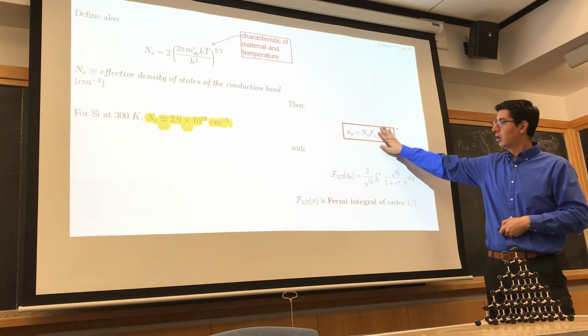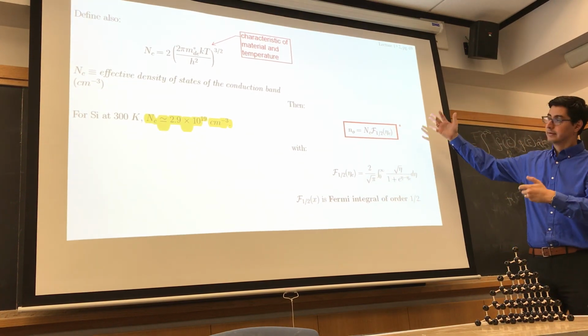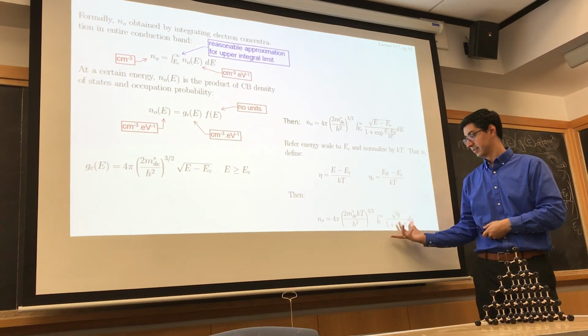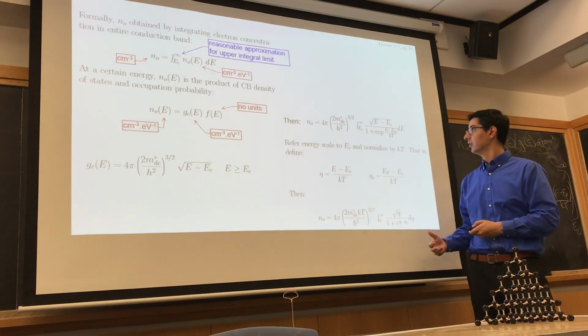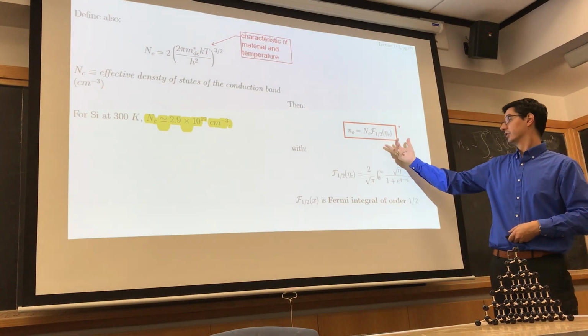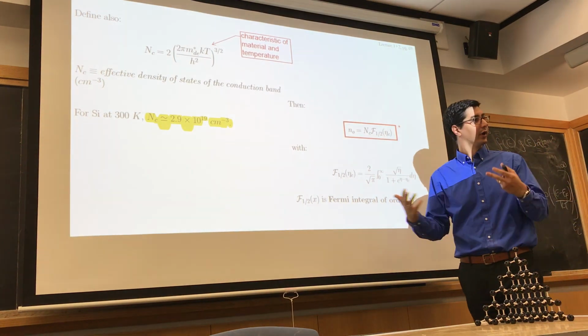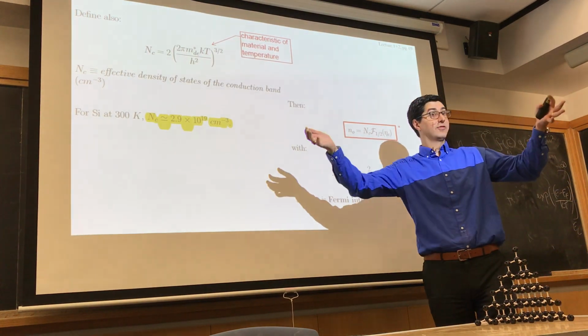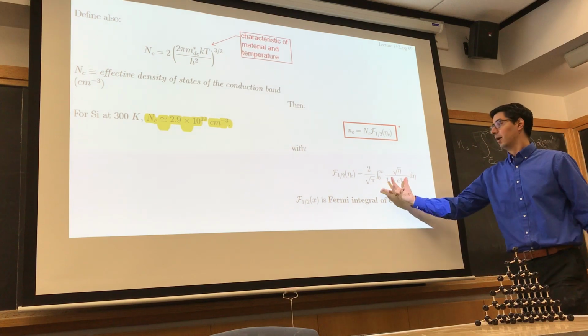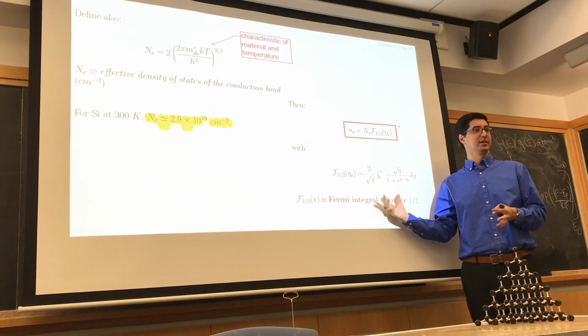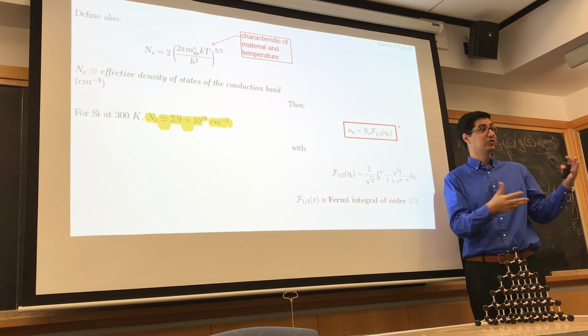Now this is doing it all with the Fermi-Dirac statistics, and this has a name. It's called the Fermi-Dirac integral of order 1/2, right? You can feel special, a special math function. It doesn't have an analytical solution. It has approximations in certain limits.